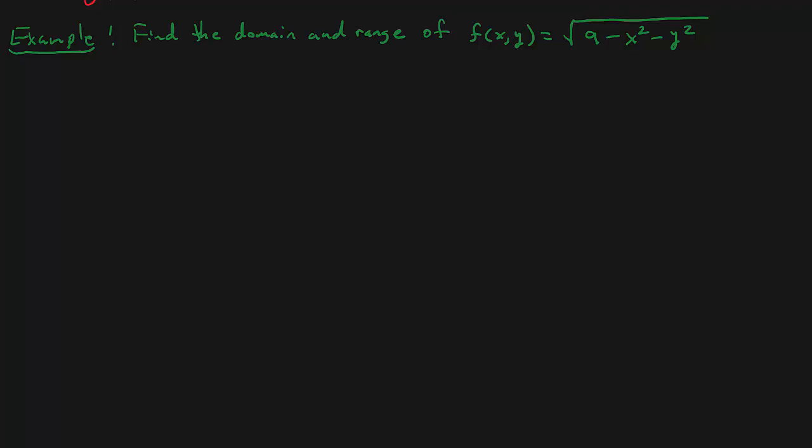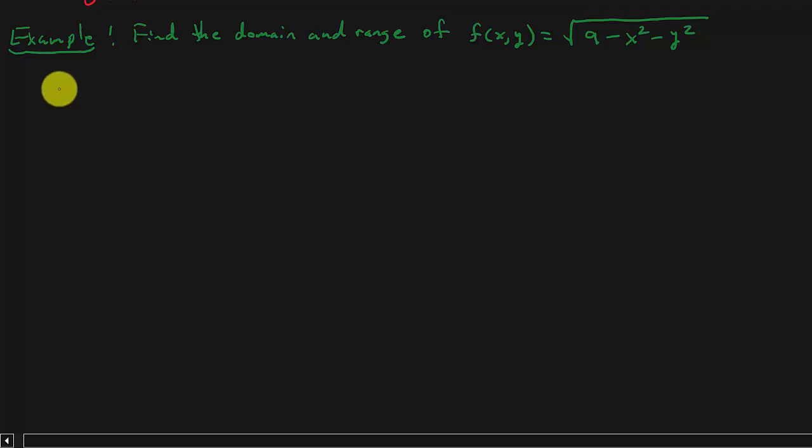Well, once again, we have a square root, don't we? So we know what's underneath that square root has to be greater than 0, or in this case, it can equal 0. So we know that 9 minus x squared minus y squared has to be greater than or equal to 0.